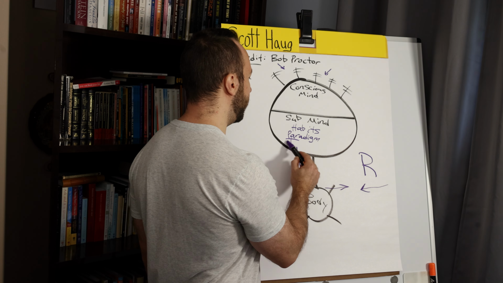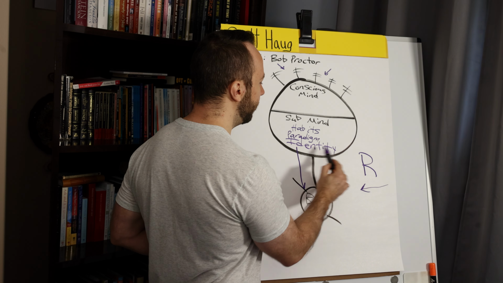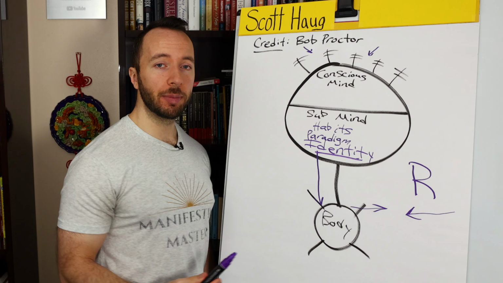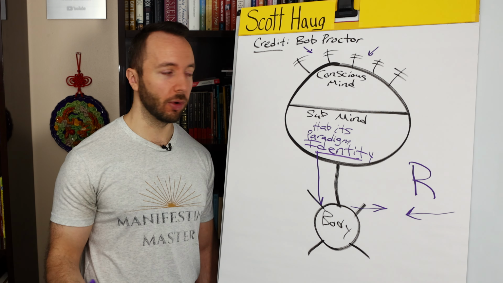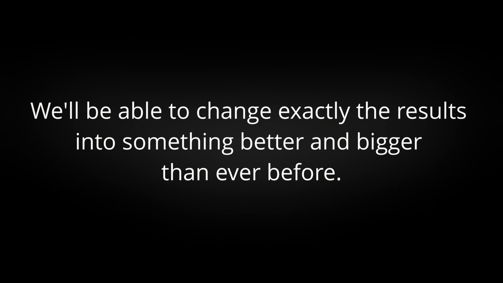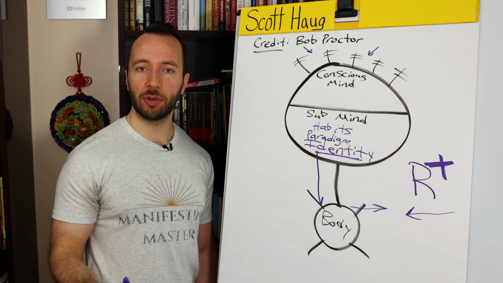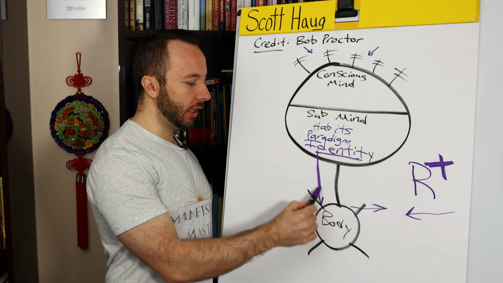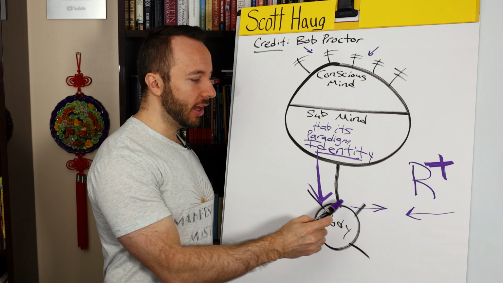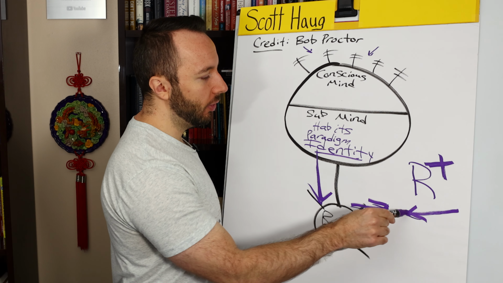And the second element is understanding that if we shift our identity, which is everything that we accept and believe to be true about ourselves and our world, we'll be able to change exactly the results into something better and bigger than ever before. So these results become much more positive, much more desirable if I can learn to change the frequency that I'm elevating outwards and that's coming into my life.